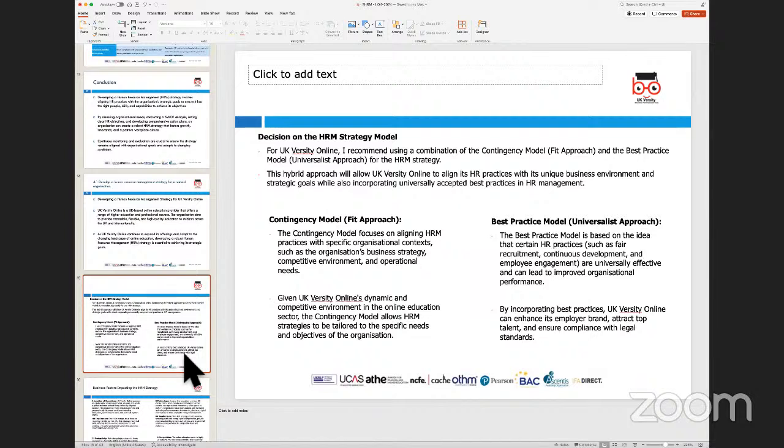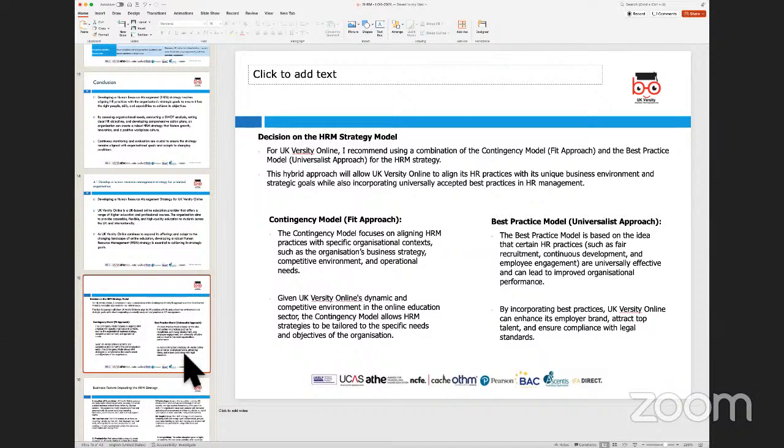The contingency model tends to provide what is called a proactive approach rather than a reactive approach. It allows us to adjust to the changing requirements of the market as well as the learners, and that keeps us in line with what we offer and attracts learners who want to do courses with us.